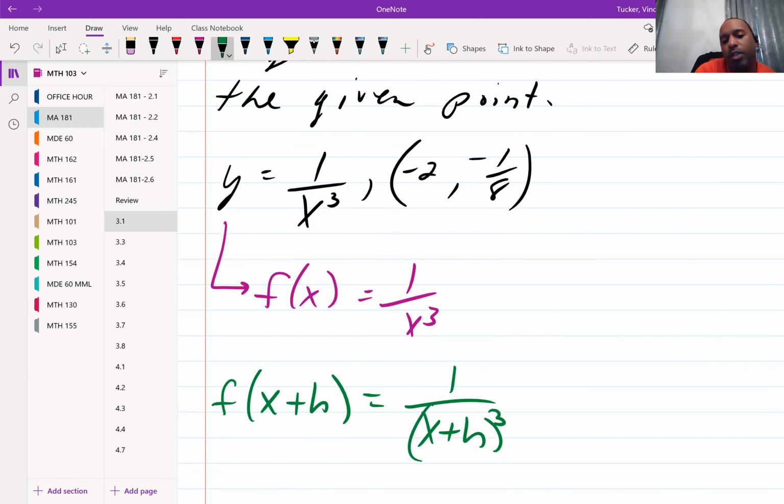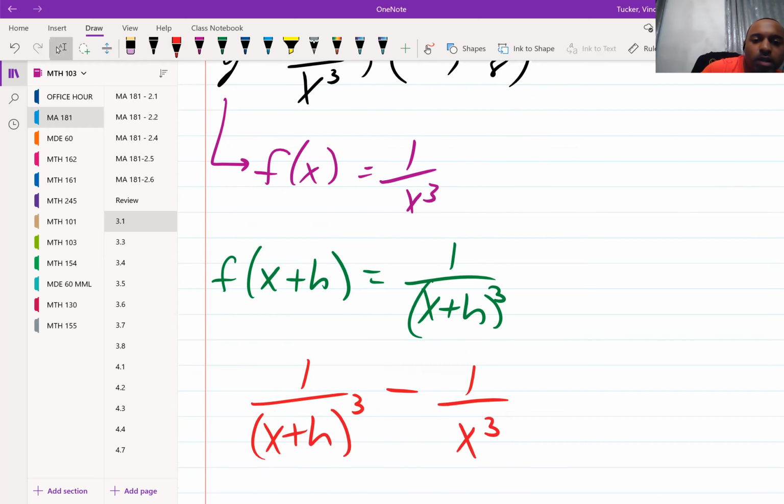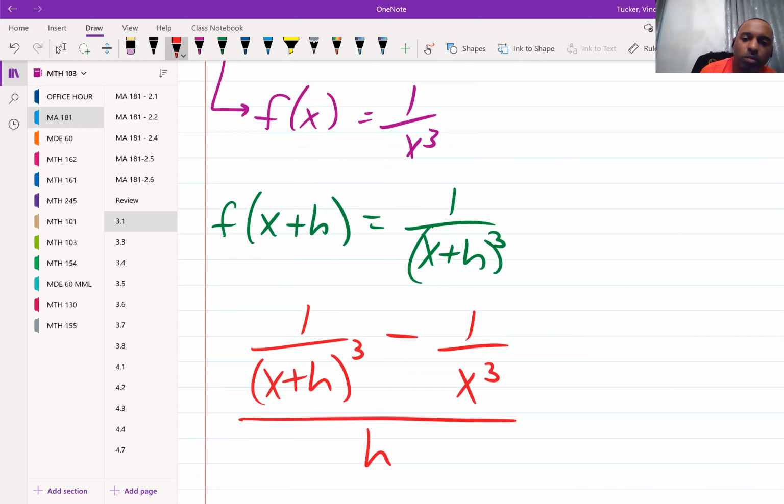Trying to see, do I need to expand that? Let's do this. So we have a fraction. Let me see if, when I put it together, there's a way to... this is what we have, and that's over h. How to multiply that times that?